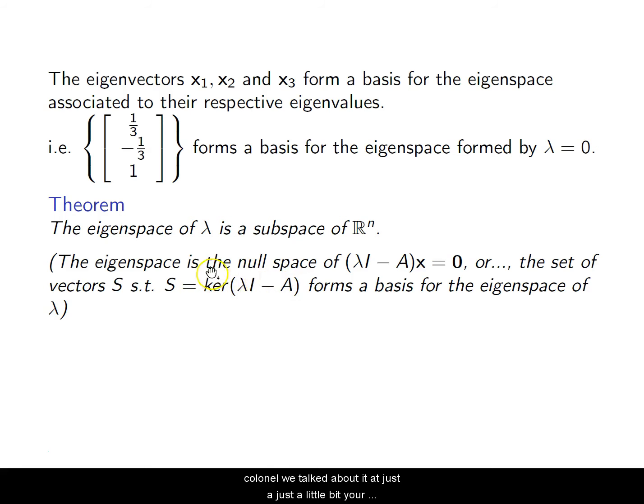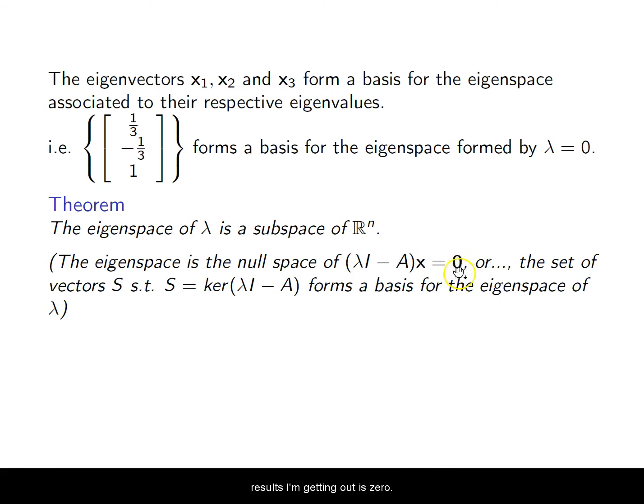So what is a kernel? We talked about it just a little bit. Your kernel is the null space of a transformation, right? So again, remember, we are thinking of this as a transformation. We're taking a matrix, multiplying it times a vector, and getting a result out.